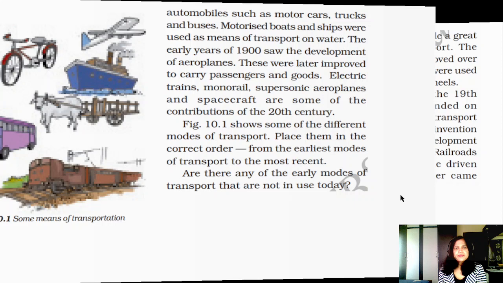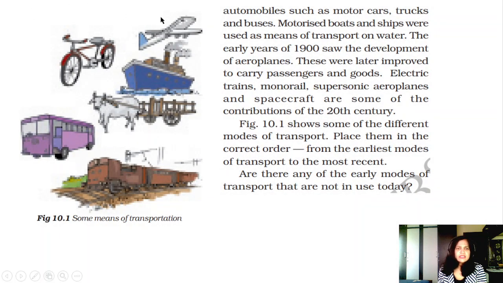Later came the automobiles. These are all the automobiles: bicycle, train, bus, aeroplane, ship. Okay, automobiles such as cars, trucks, and buses, and motorized boats. All these automobiles have motors in them for the movement.